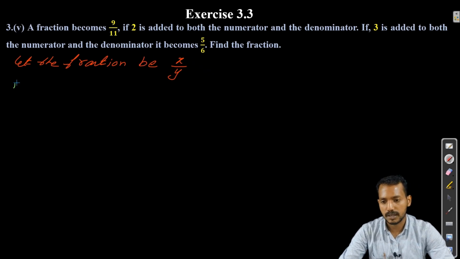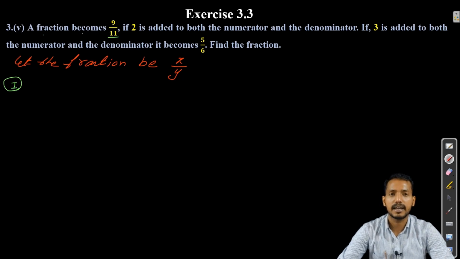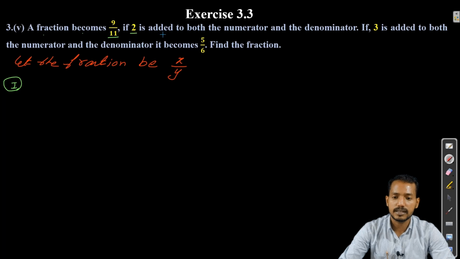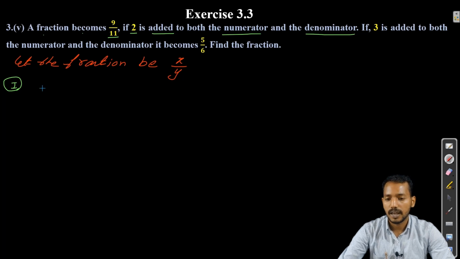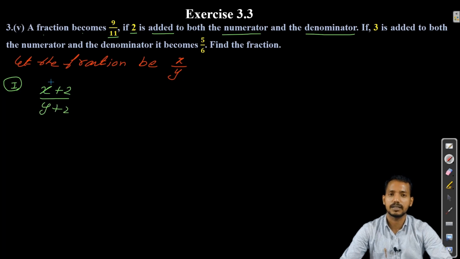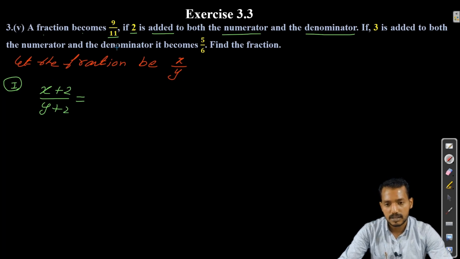Now come to the first condition given in the question: a fraction becomes 9 by 11 if 2 is added to both the numerator as well as the denominator. So if 2 is added to both, x plus 2 divided by y plus 2, then the fraction becomes 9 by 11.